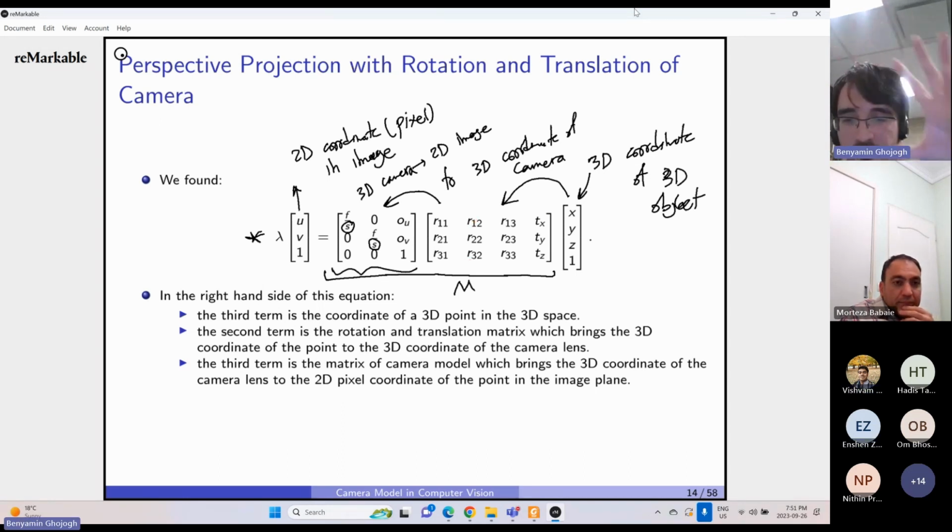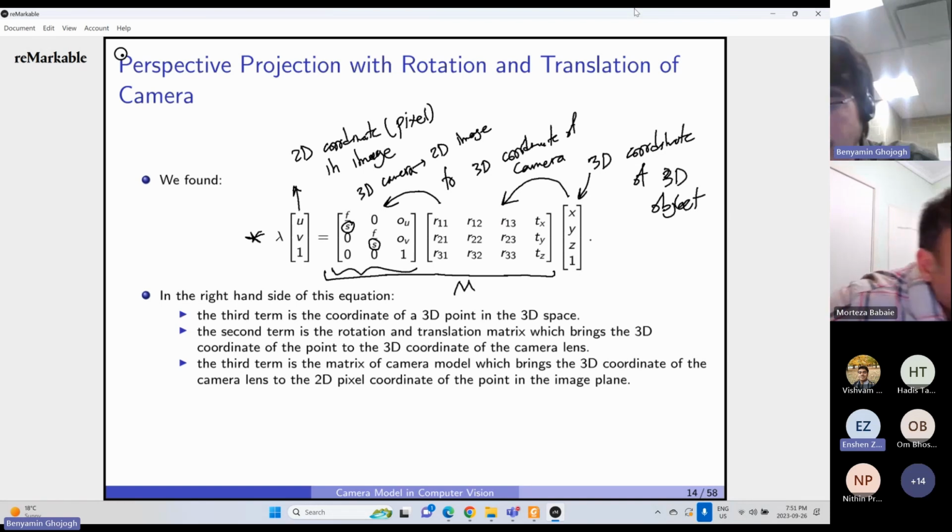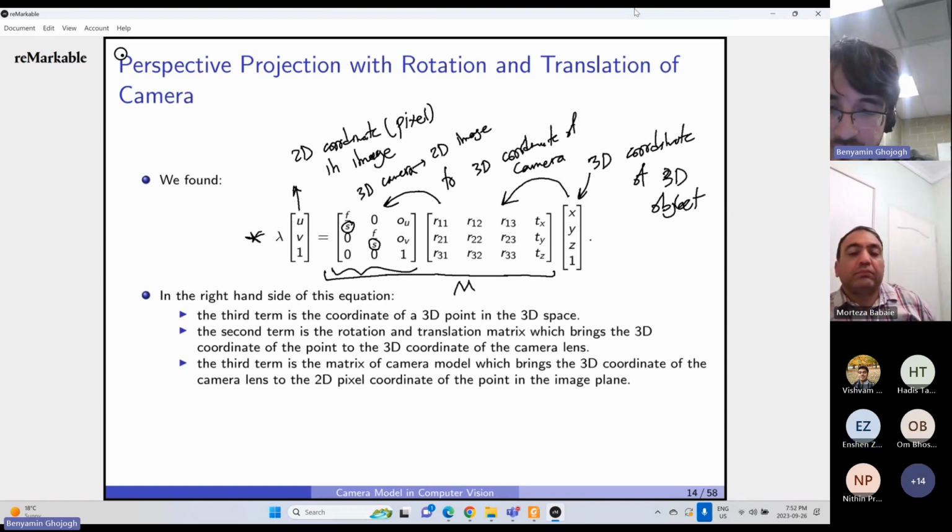If you assume that you are in the 3D space, and you assume that the camera is on the origin, and also that the axes of the camera are the axes of the 3D space, the basis vectors of this 3D space, then you don't have any rotation and translation. Then you can get rid of this rotation and translation matrix, because that's the 3D coordinate of the objects with respect to the camera.